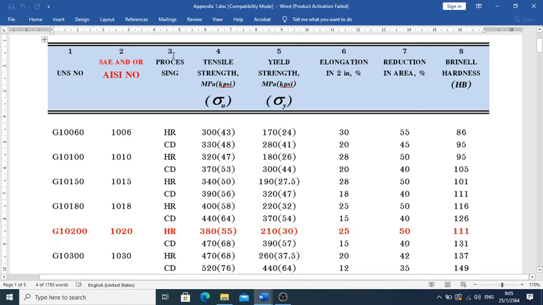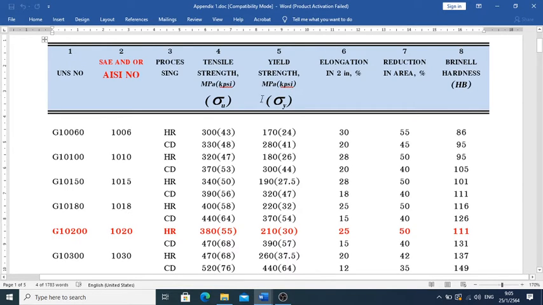Number three, processing: HR stands for hot rolled, and CD, cold drawn, I mentioned before. Then tensile strength in terms of megapascal, and ksi is the English system versus the SI system. We emphasize megapascal only. Number five, yield strength, in megapascal respectively.